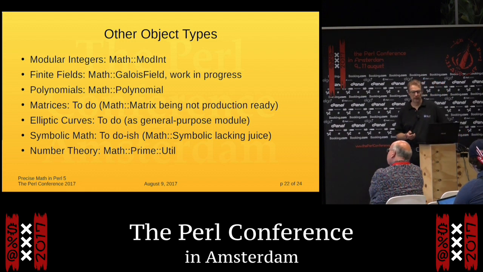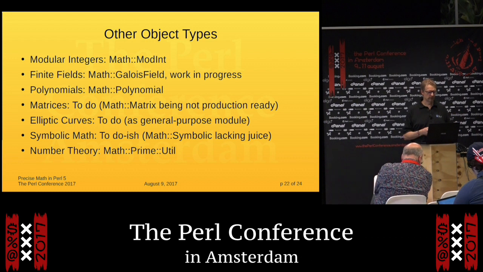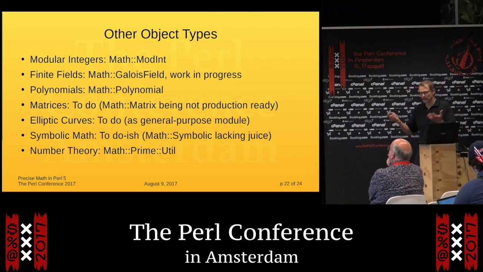Matrices are not yet complete, and I'm not sure if the author is intending to do so. Then we have elliptic curves in lots of modules, but not as a module of their own. And I'd like to have that as something that can be orthogonal to the rest. So you can have elliptic curves over finite fields, for example, or matrices of elliptic curve elements, whatever.